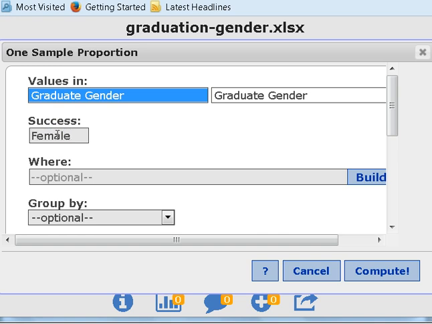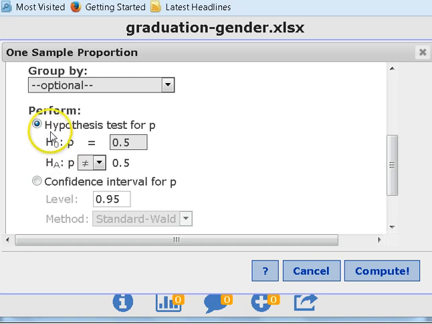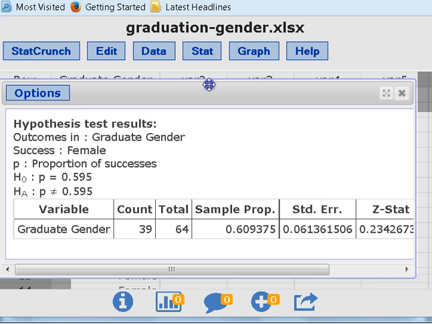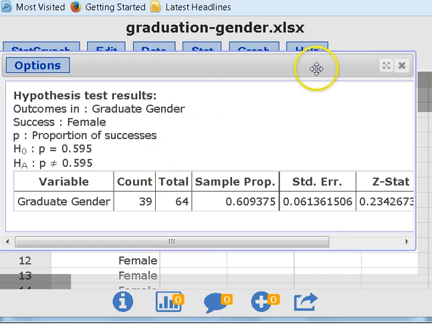Again, what you pick as a success should be relative to the problem. I have a hypothesis test for the population proportion. The null hypothesis is that p is 0.595 versus the alternative is not equal to 0.595, and I compute. And that would be my outcomes, right there.